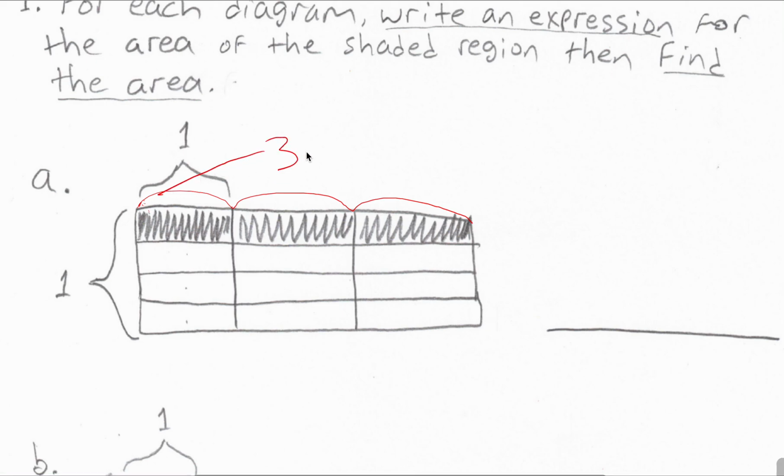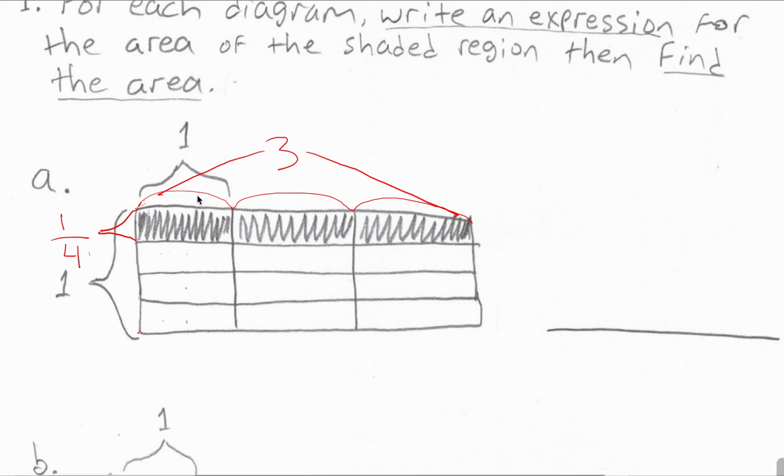Now from here to here, I also have 1 whole, but I'm only looking for the area of the shaded region, not all of this. So what area is shaded over here is only one piece, right? One part out of how many? Out of 1, 2, 3, 4.